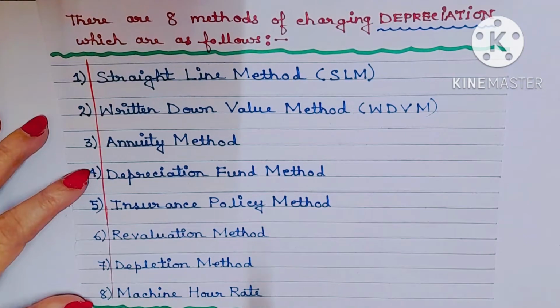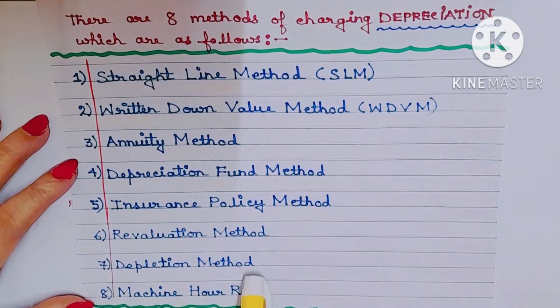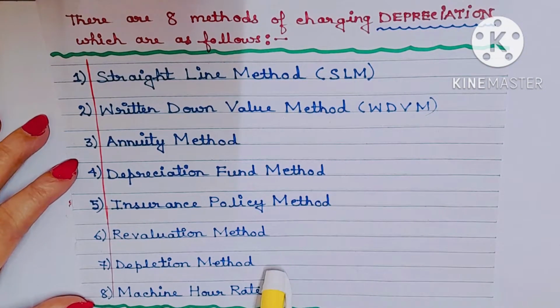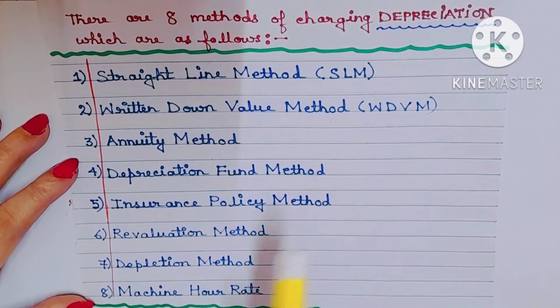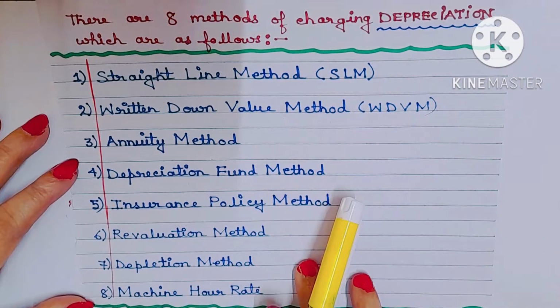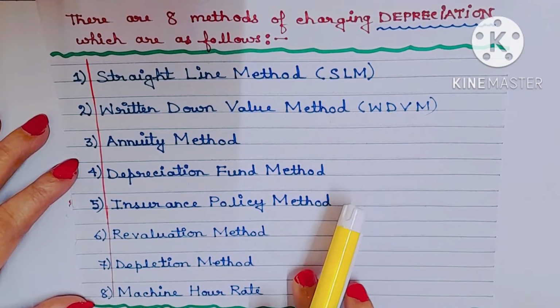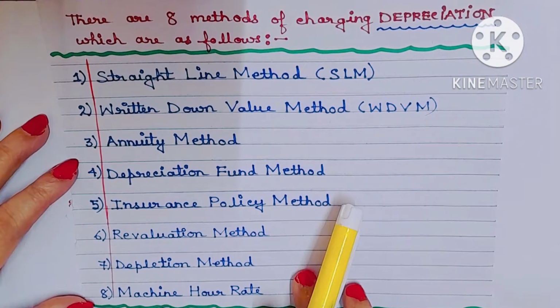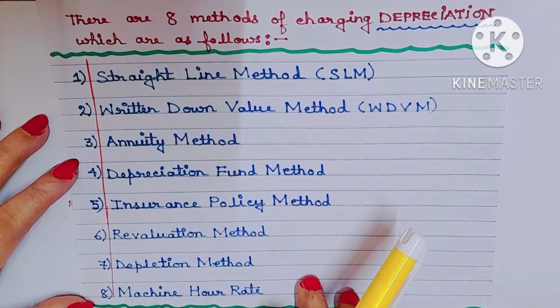Understood? Number 7, depletion method. What is depletion method? Depletion method is also known as the output method. This method is used in the case of assets of a wasting nature or wasting assets like mines, oil wells, quarries, sandpits.